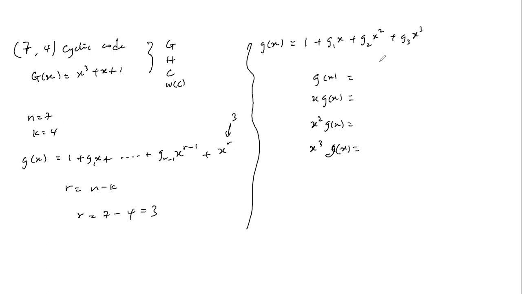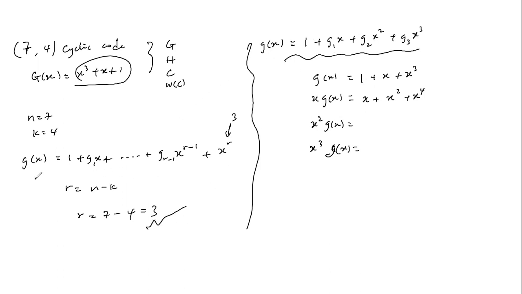Here we have 1 plus x cubed. Here we have x plus x squared plus x to the power 4, because g of x was given as x cubed plus x plus 1, such that x times g of x will be x plus x squared plus x to the power 4, because multiplied by this. This is a polynomial, and we have the power of 3.